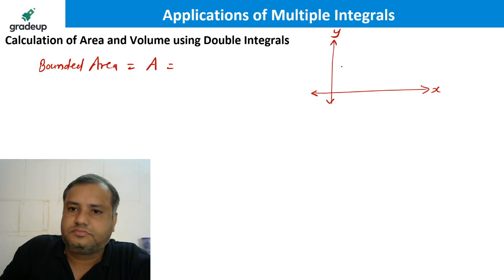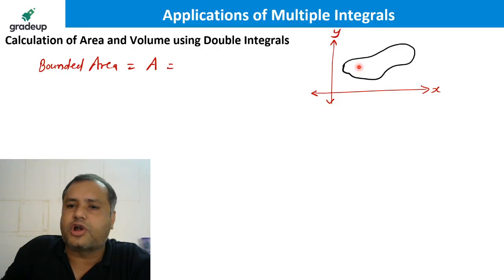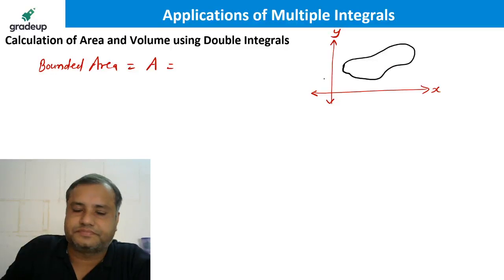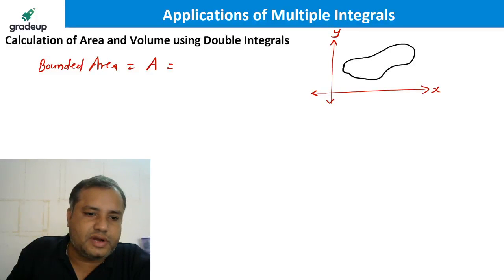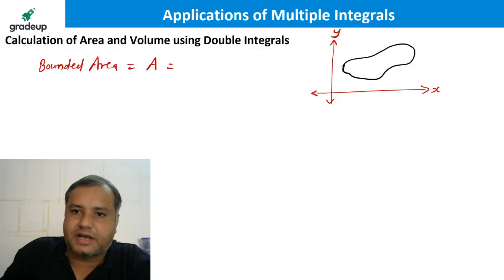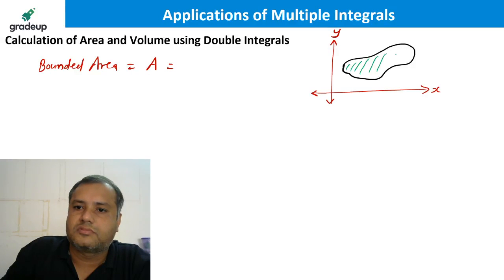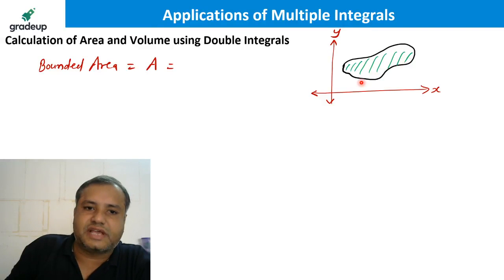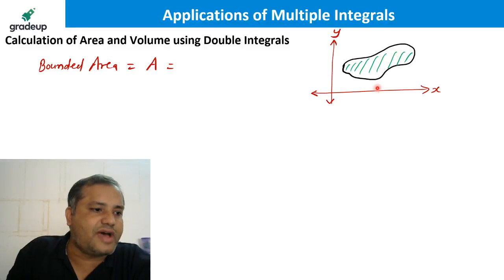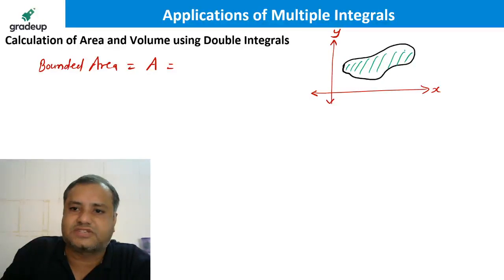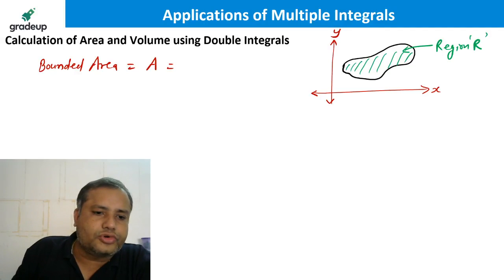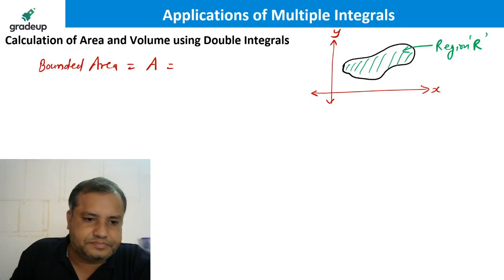See here. If you want to calculate this bounded area, look, this region is lying in the XY plane. Let us say the name of this region is R. So how to calculate this bounded area?